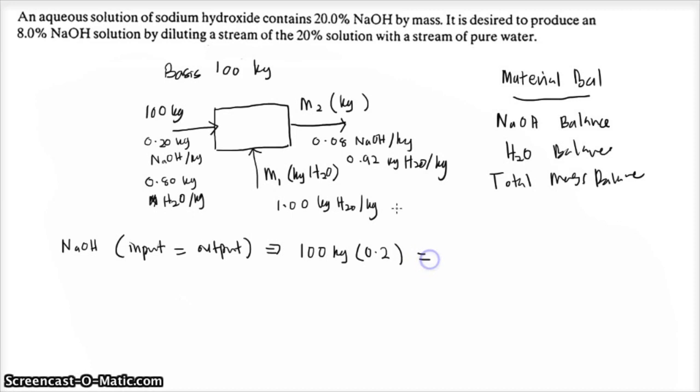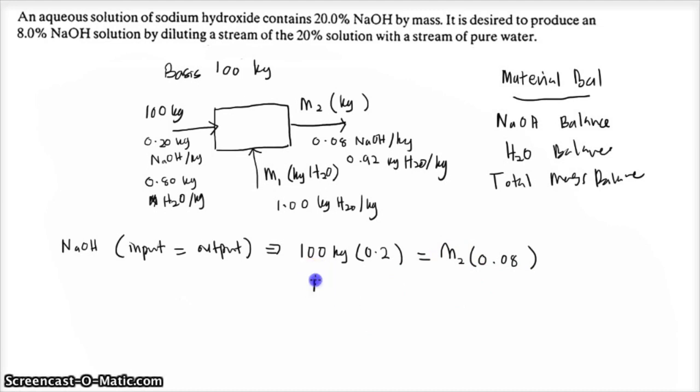What comes out is, since there's no accumulation of sodium hydroxide, all the sodium hydroxide goes out. We don't know M2, but we can still use it: M2 times 0.08. Since this equation is balanced, we can find the value of M2.